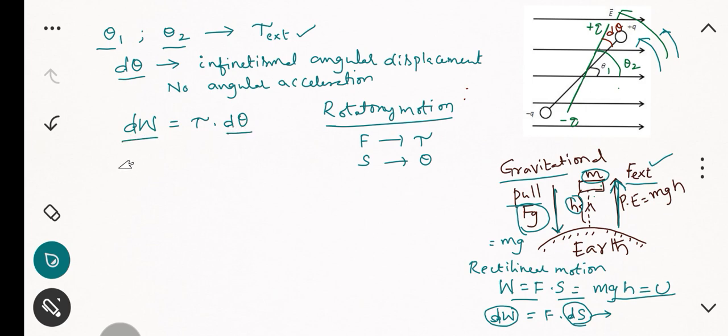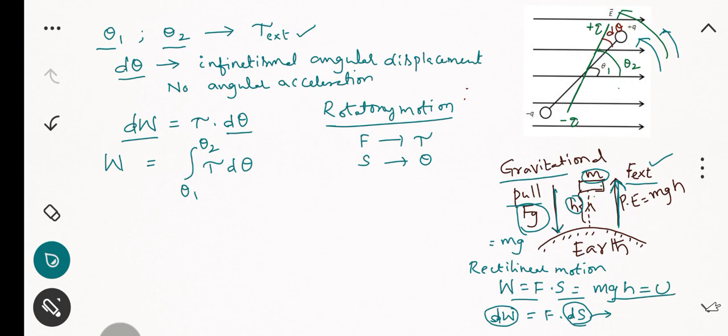Now we have to calculate the total work done in rotating the electric dipole from θ1 initial position to θ2 final position. Then we get the total work done as integral of θ1 to θ2 tau into d theta.